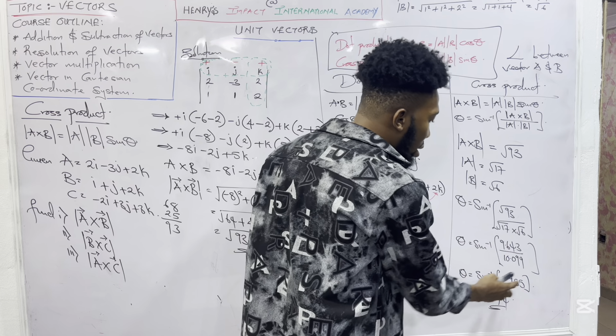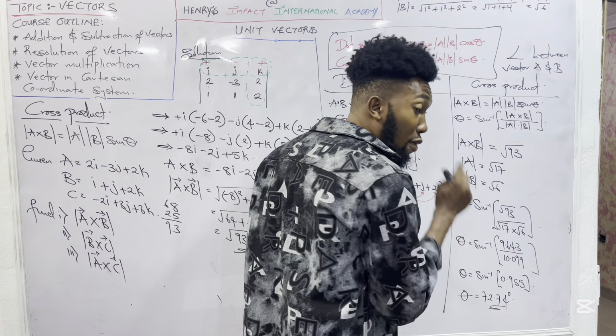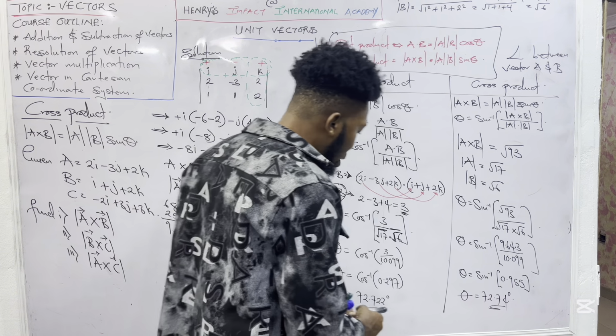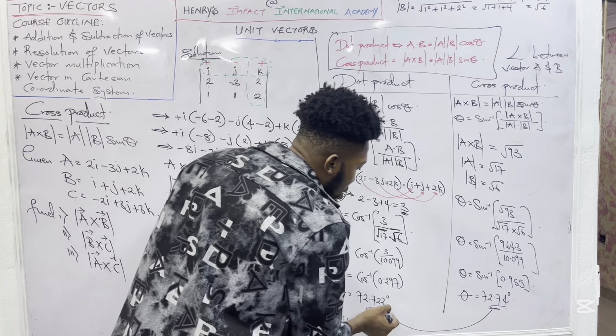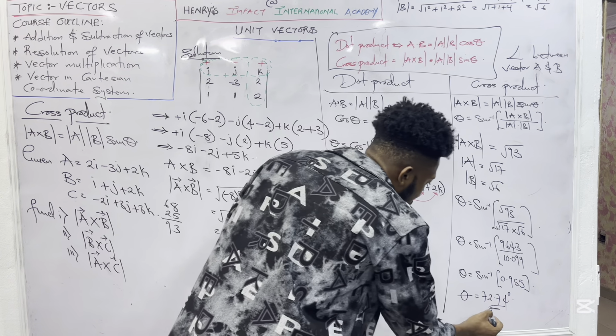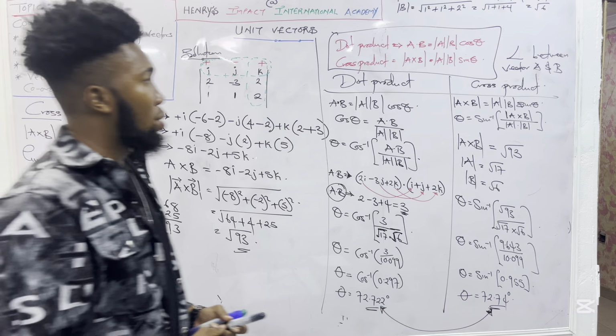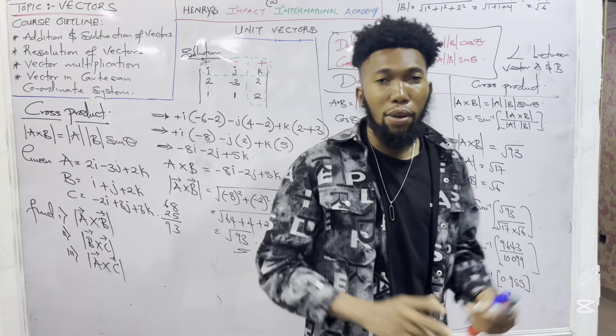When you divide, you get 0.955, and taking the sine inverse with the second function on your calculator gives you this. When you look at it, you can see that they are approximately equal to themselves. So that's it. Any approach will give you the same answer. That's what we're trying to say.